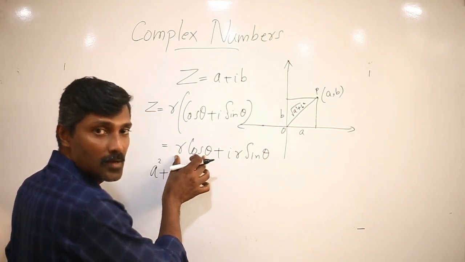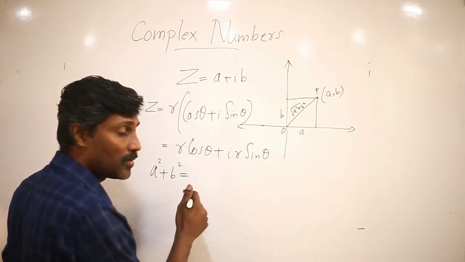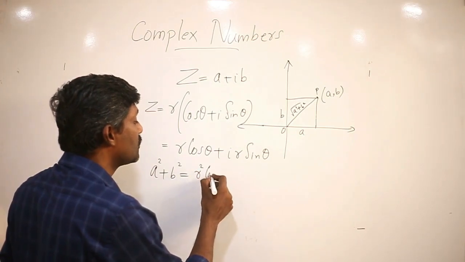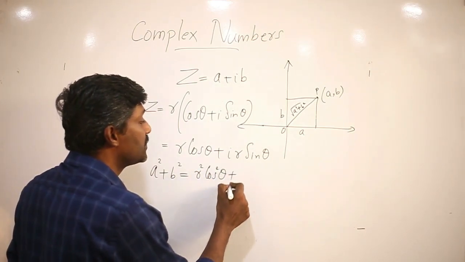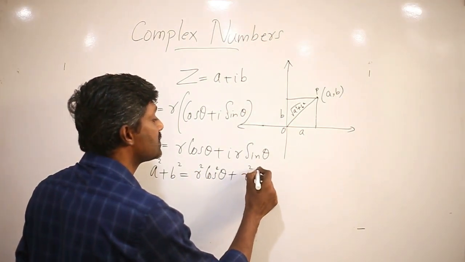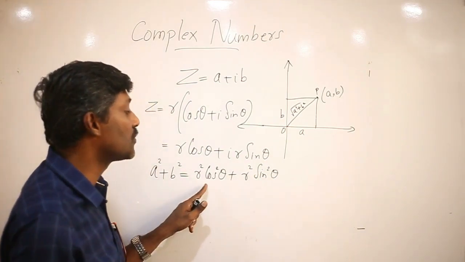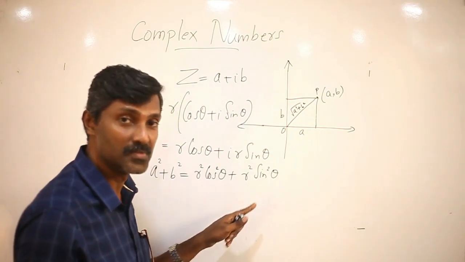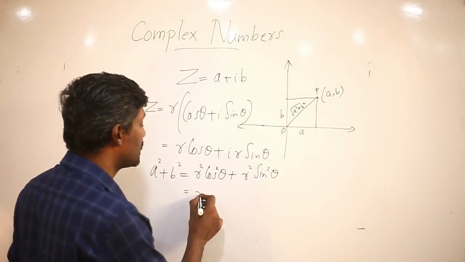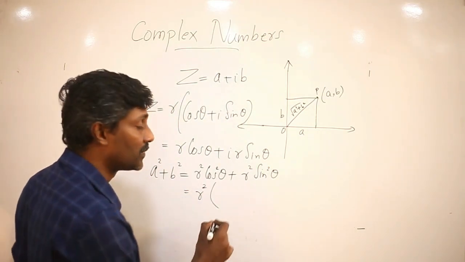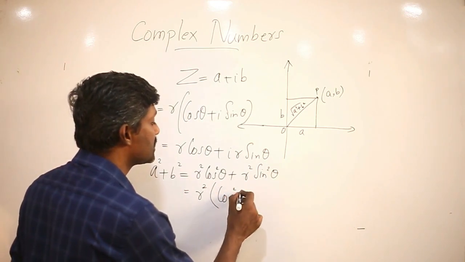Now we know that a is equal to r cos theta. So what is a square? It is r square cos square theta. And what is b square? It is r square sin square theta, right? And we see that r square is common to both these terms. We can take this outside, so this becomes r square into cos square theta plus sin square theta.